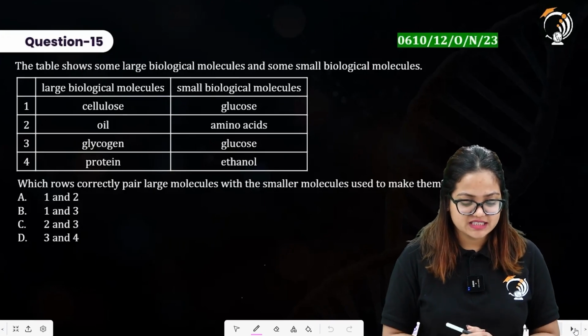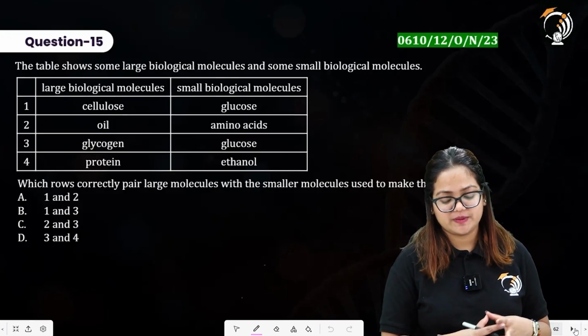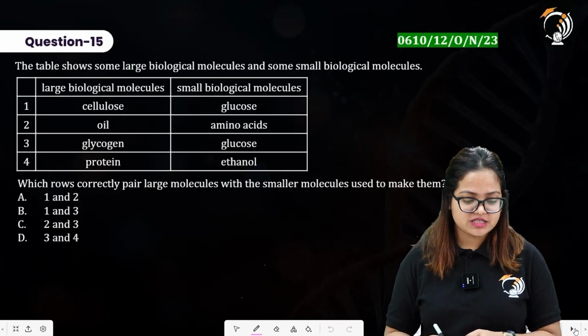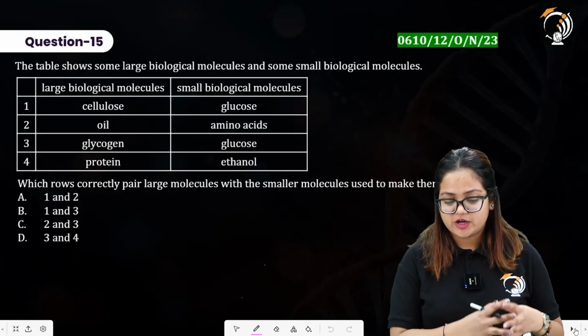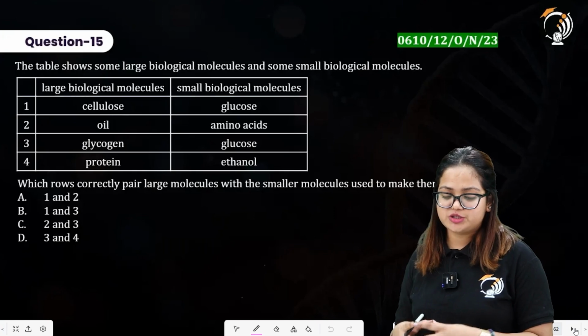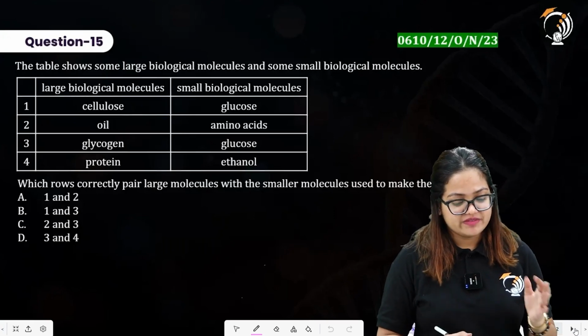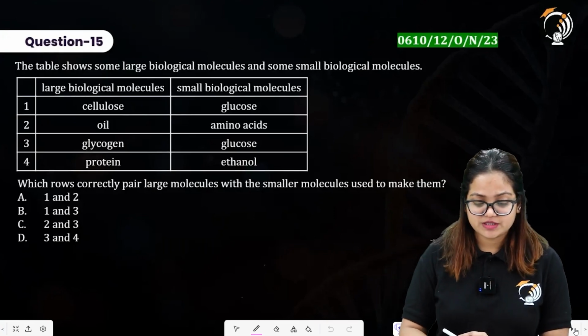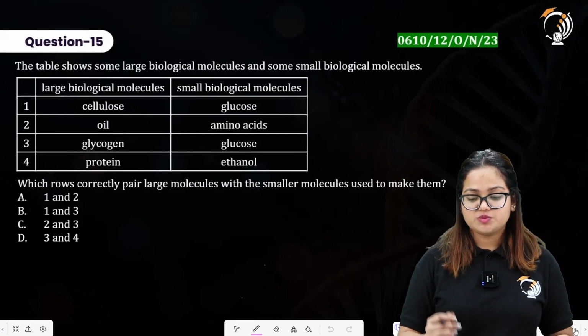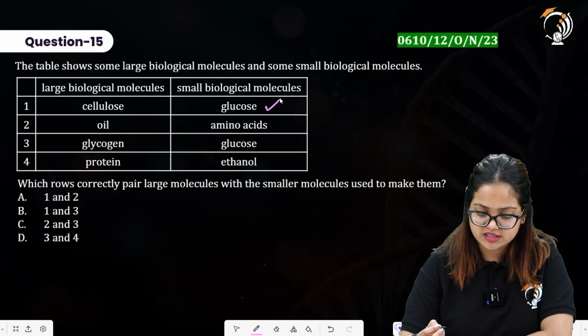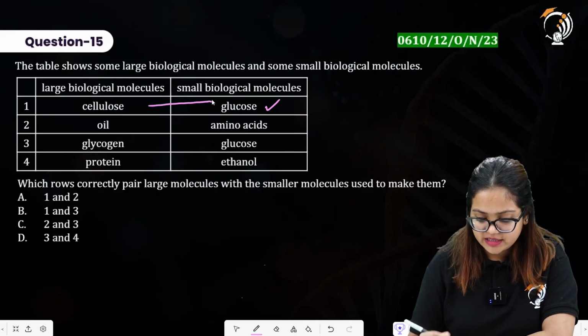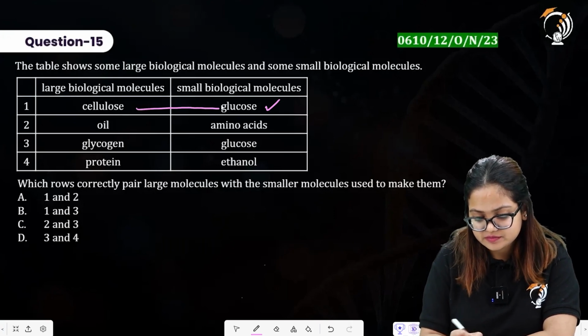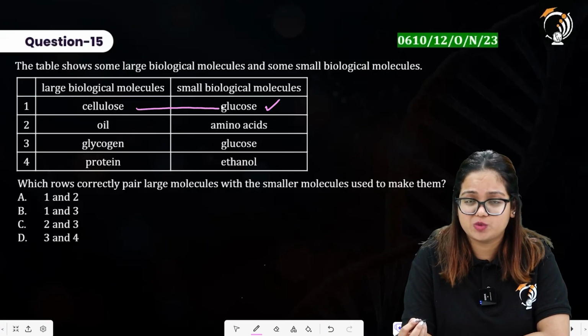Question number 15 says the table shows some large biological molecules and some small biological molecules. Which row correctly pairs large biological molecules with the small molecules used to make them? So we have the large biological molecule, that is the cellulose. It is made up of small biological molecules that are glucose. This is correct. Oil, that is, you can say, the fats that remain liquid at room temperature.